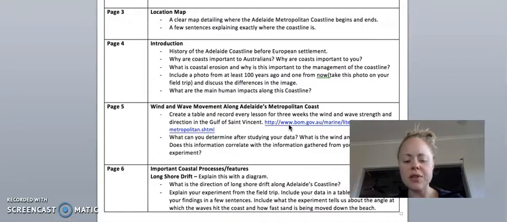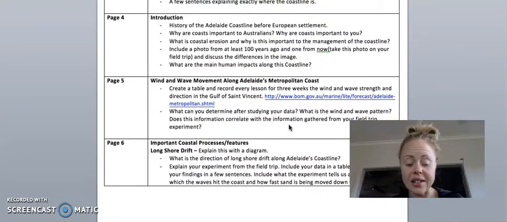So at least as long as you've got some data for 2 weeks, basically the point of collecting that data is to show that you can interpret data and then recreate it in a written format and in a table format.